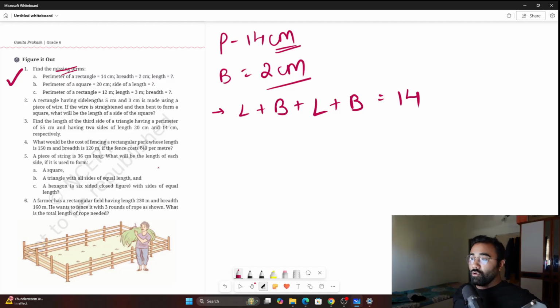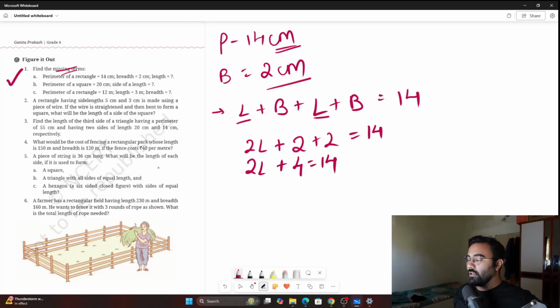Alright, now we don't know the length, so L plus L gives you 2L, plus what is the breadth? Breadth is given as 2 centimeter. So 2 plus 2 is equal to 14. So 2L plus 2 plus 2, 4 is equal to 14. So far so good.